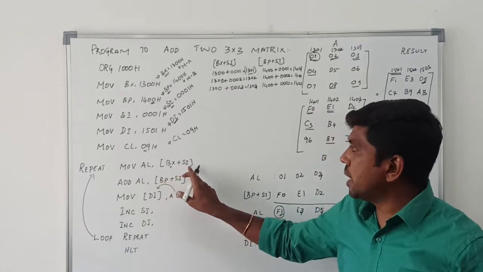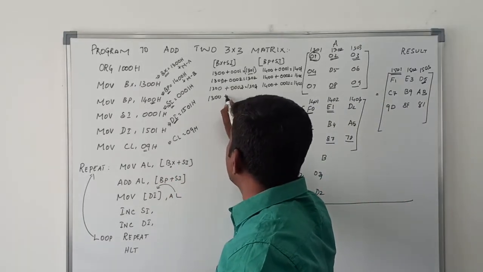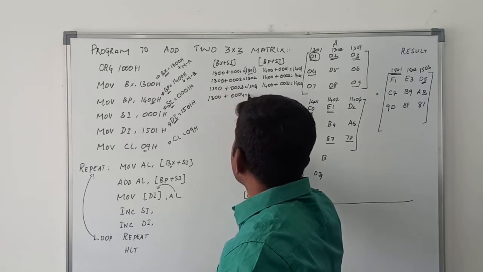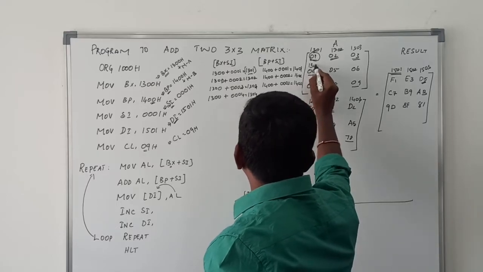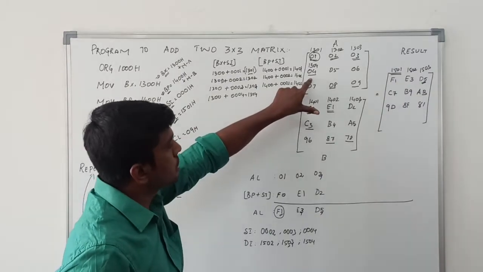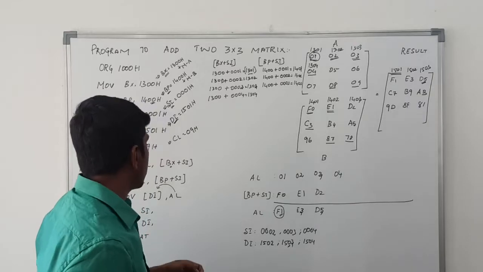MOV AL, [BX+SI]. So BX value is 1300 plus 0004. After execution of this instruction, the memory location 1304 is pointed to. In this memory location, you get the 8-bit value. This 8-bit value is transferred to the accumulator register.